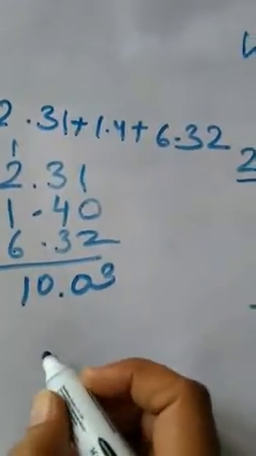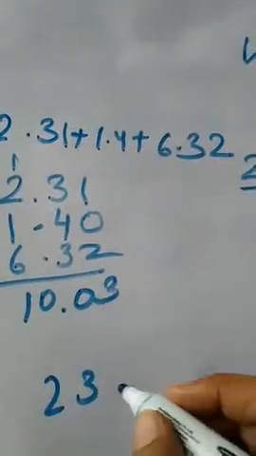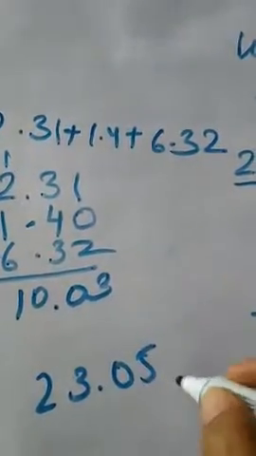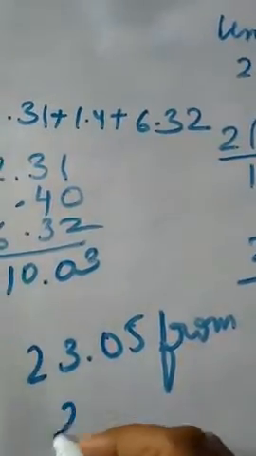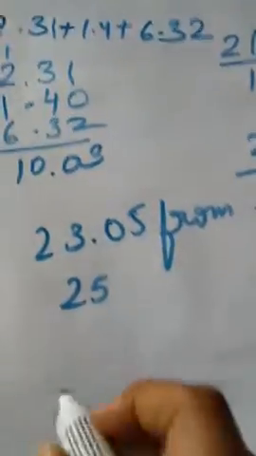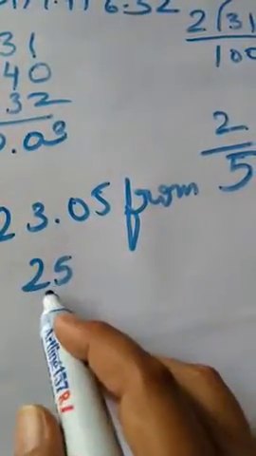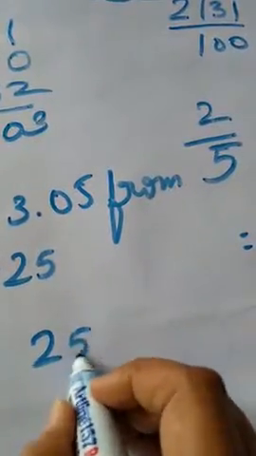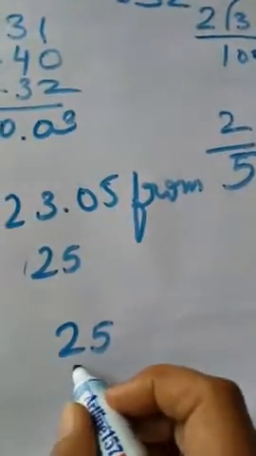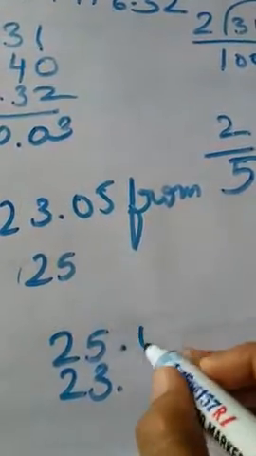Okay, if I want to subtract 23.05 from 25, first we have to arrange them in columns. So we write 25 first, and then 23.05 below it. If there is nothing after the decimal, you can write 0.00.